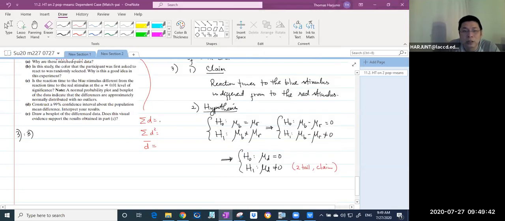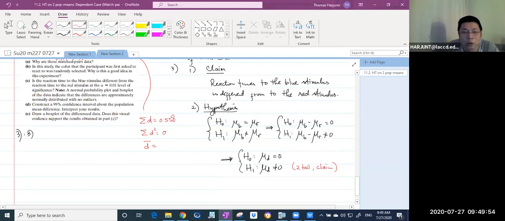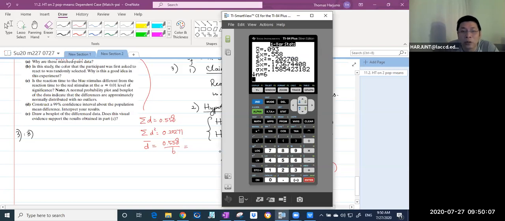You can see from there, this is 0.558, and then 0.20271. Now the sum of d is 0.558, over 6 gives the d bar, which will be 0.093.